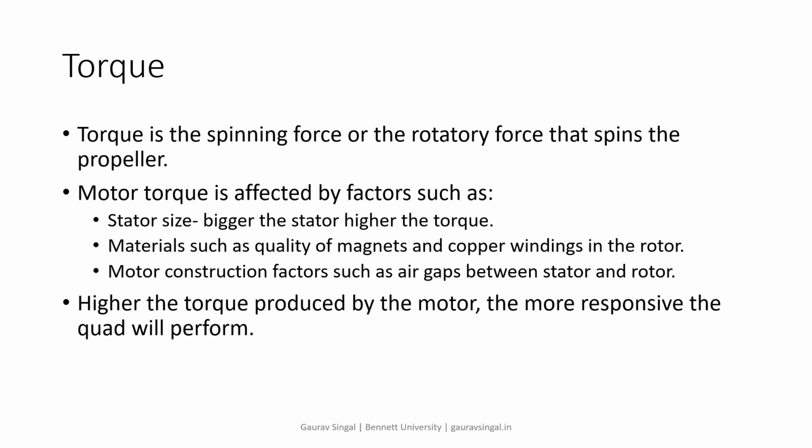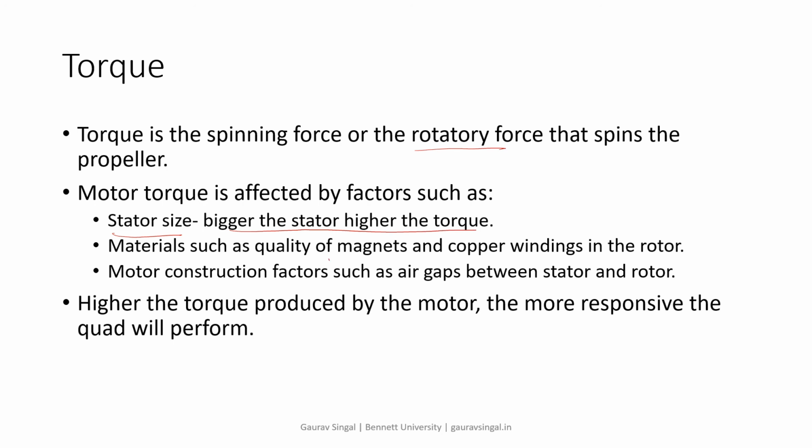Last, there are simple definitions. I just covered them fast. Torque is the spinning force, or the rotary force, that spins the propeller. Basically, it gives you the force for how fast you want to move. Motor torque is affected by factors such as stator size: bigger the stator, higher the torque.